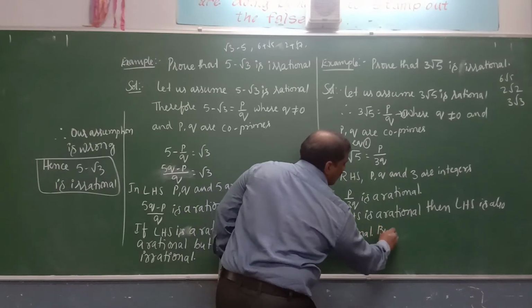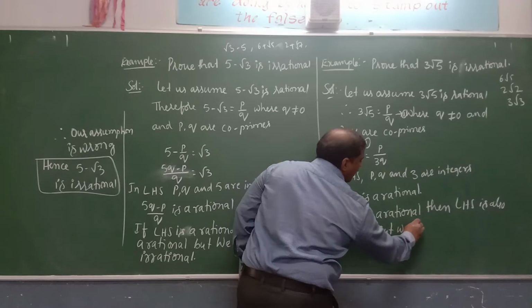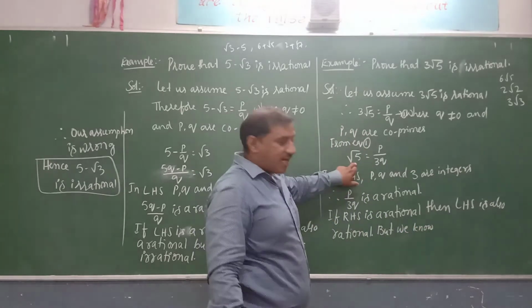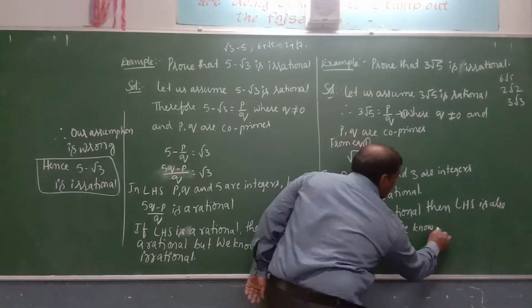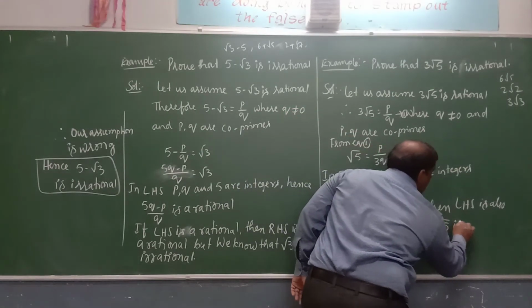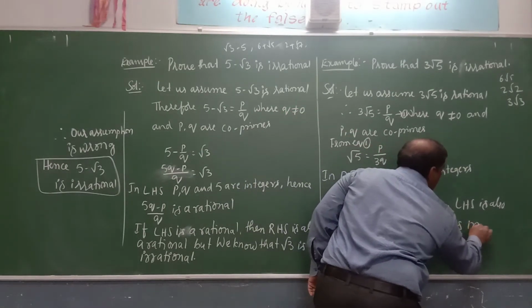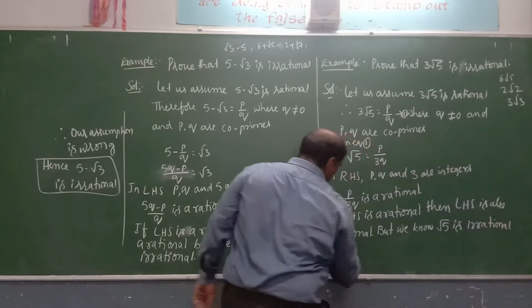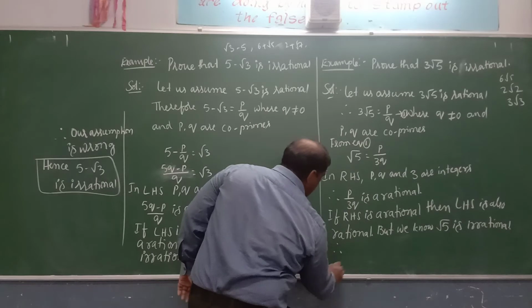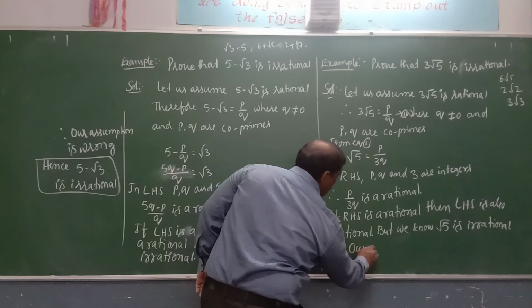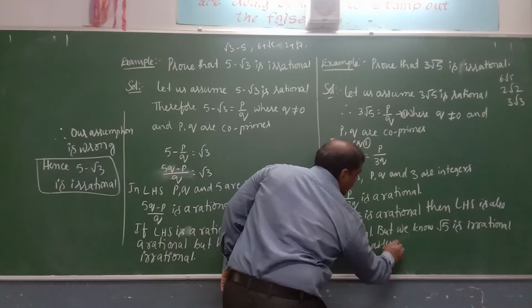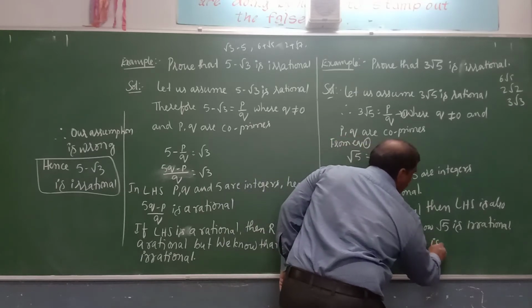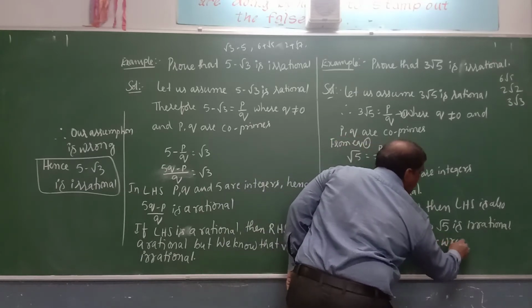But what we have on the left hand side, that is the LHS, is root 5. But we know root 5 is irrational. Therefore, our assumption is wrong. What is our assumption?